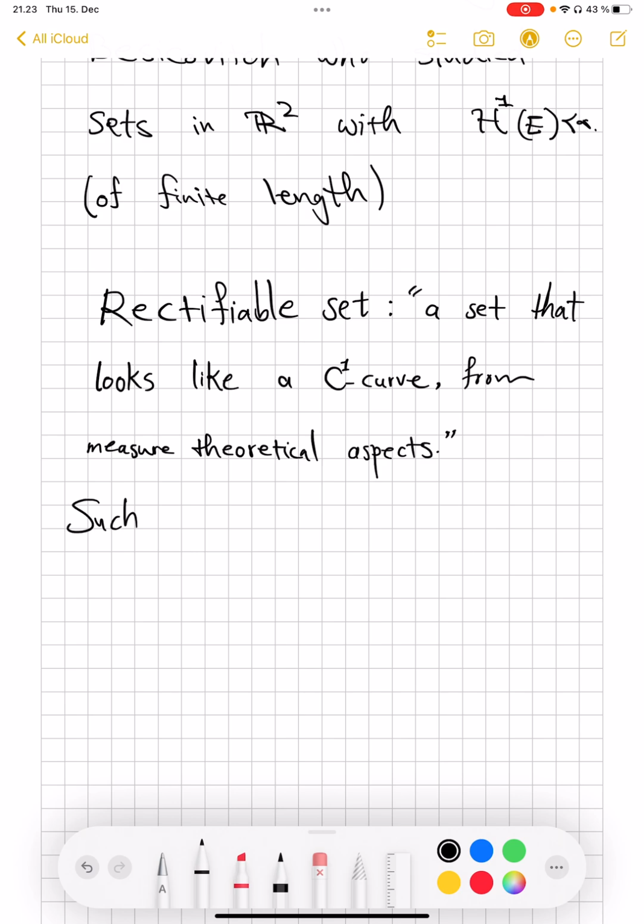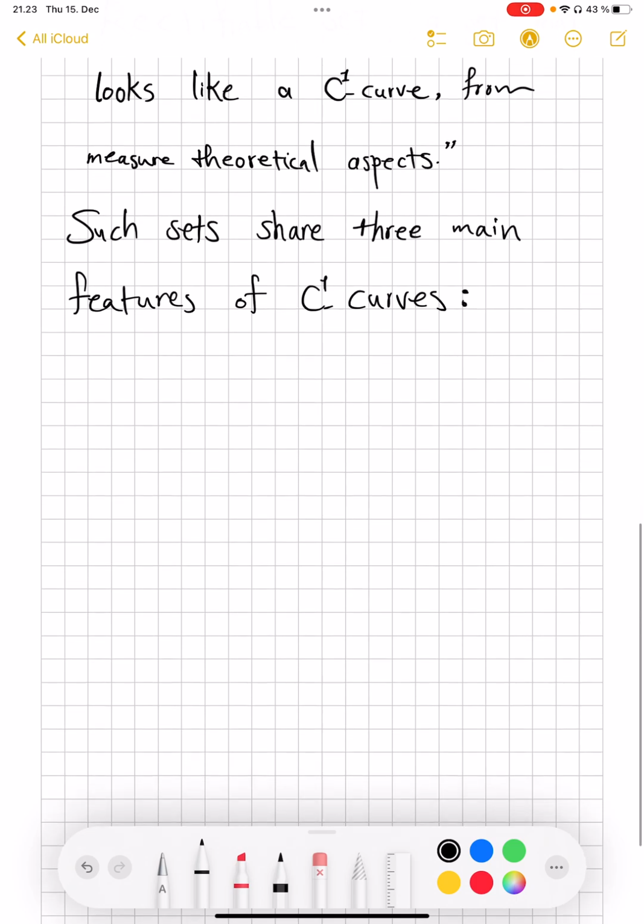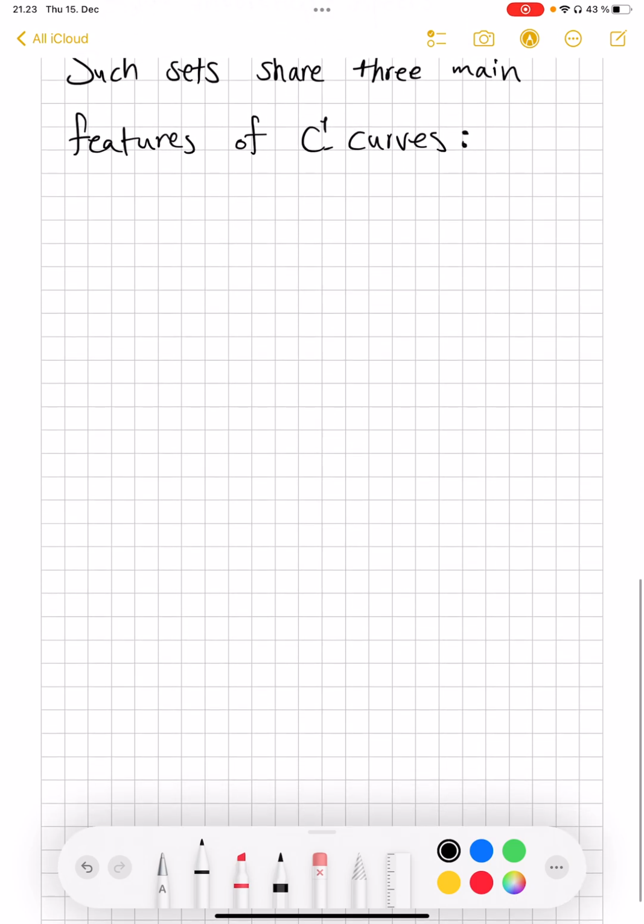Okay, such sets share three main features of C1 curves. So in what ways do they resemble smooth curves?